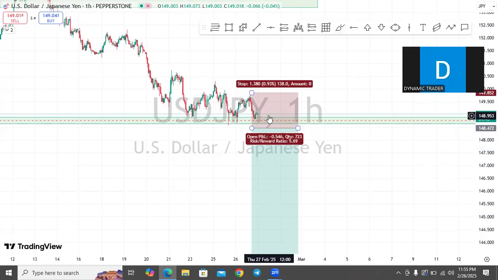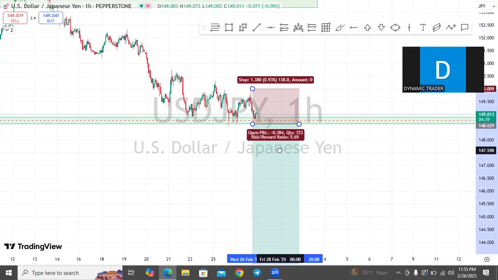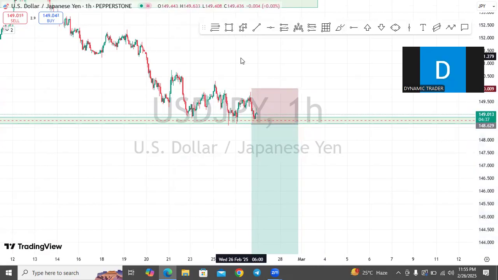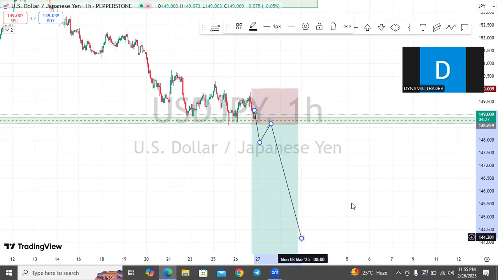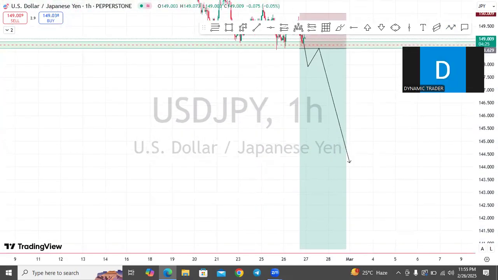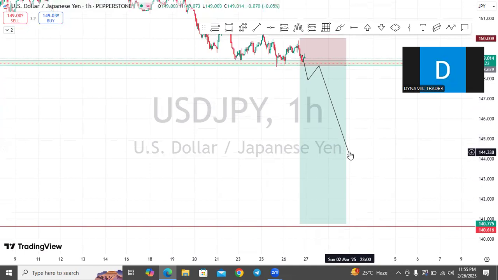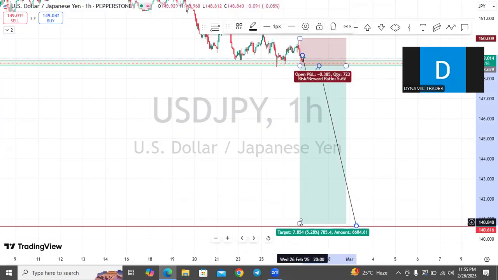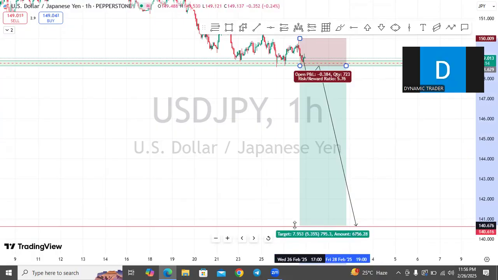So if it breaks below this point, then this will be our entry. That's after it has made its retest. So you wait for it to melt down, break, retest, then this is it. Come to the downside. So this is clearly my analysis on USD JPY, just using break and retest strategy, right?